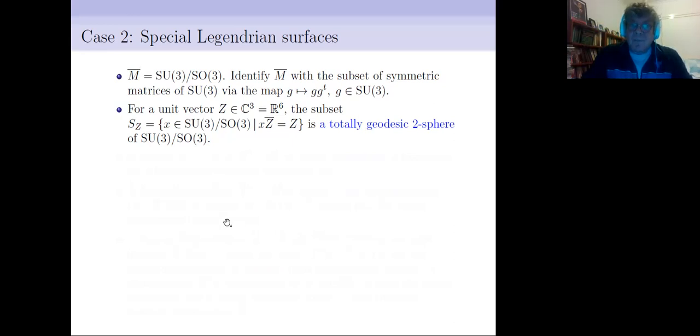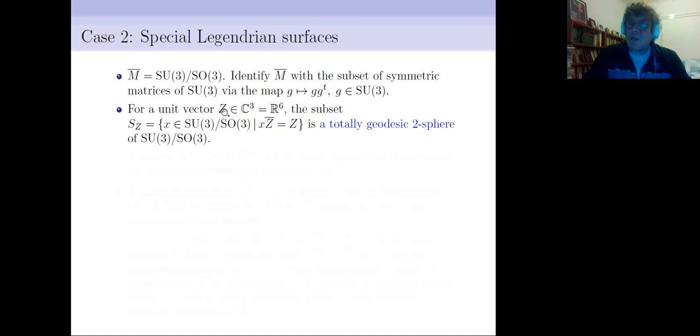So we take an arbitrary unit vector z in our R6, and then we need the set of all the matrices from here, that is, all symmetric special unitary 3x3 matrices which satisfy this equation.